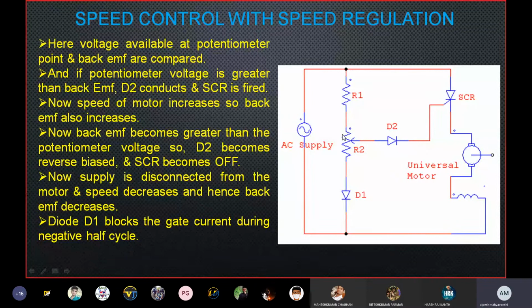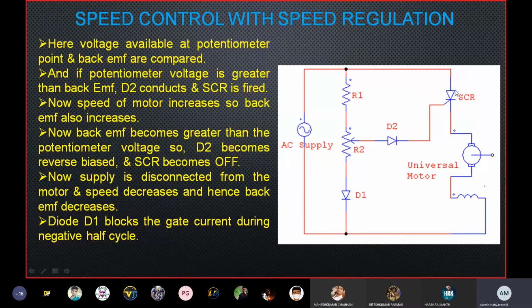If the potentiometer terminal voltage is greater than the back EMF of the motor, at that time this diode D2 becomes forward biased. That means the gate pulses are given to the SCR and this SCR becomes turned on.